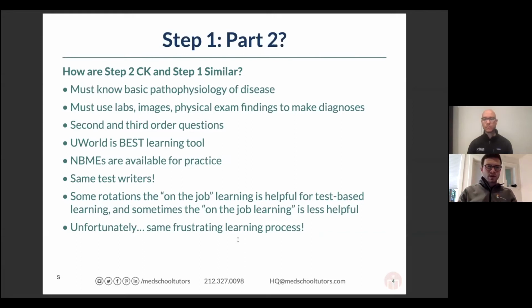What is the most likely side effect of the most common medicine to treat this disease? So you have to use the vignette to diagnose. You then have to know which drug might treat that condition. And then you actually might have to know the toxicity of the drug. So that would be 3 orders: a diagnosis, a medicine, and then the 3rd order being the side effect. Things that remain similar, UWorld is going to be the cornerstone of your study plan.